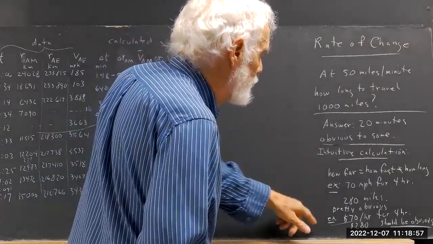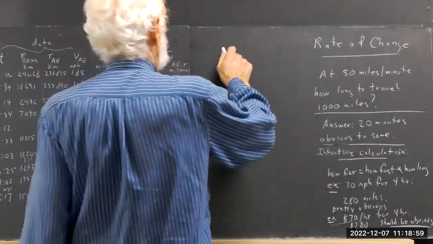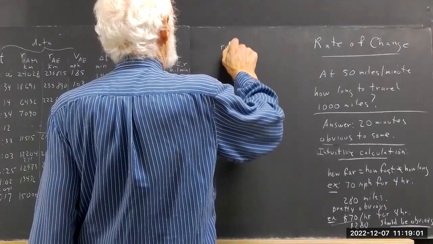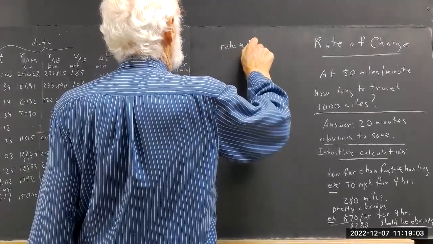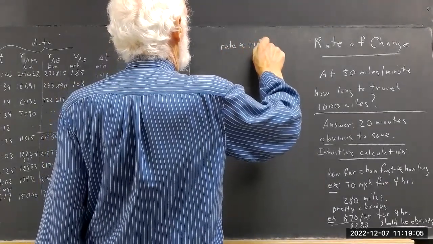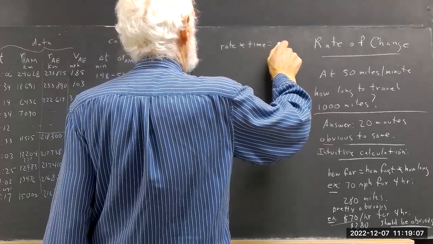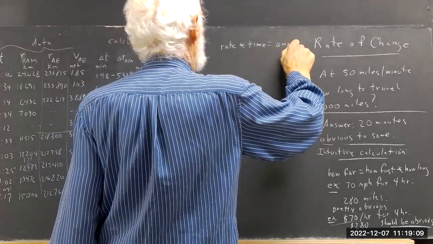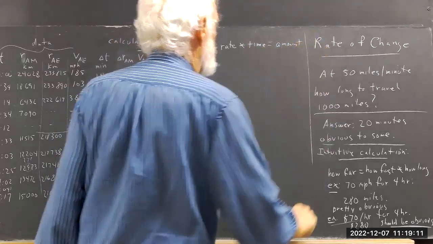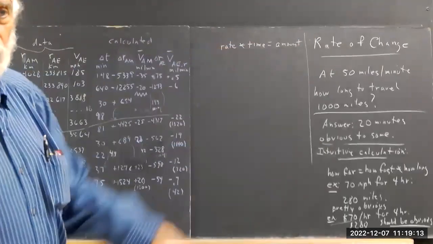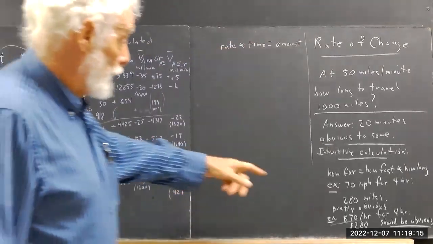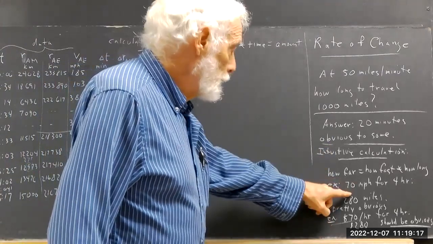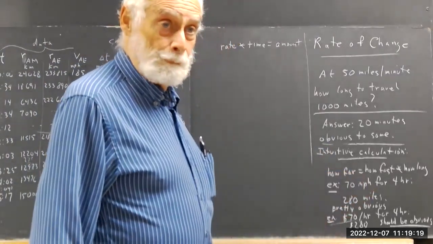Okay, well, out of this, we get the idea that if you multiply rate times time, you get the amount. These are examples of rate multiplied by time.